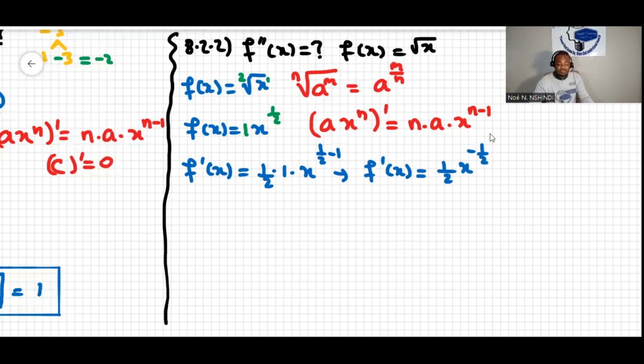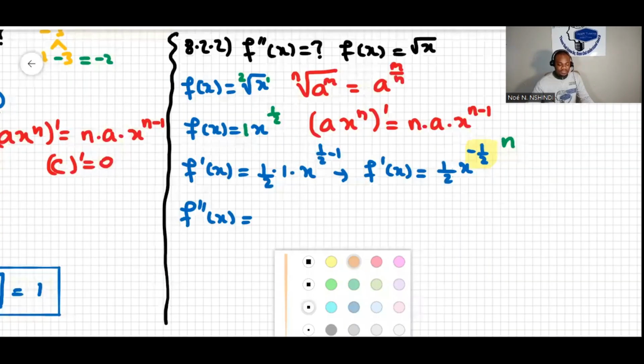We're going to apply the same rule on this again. The second derivative will then be n, which is the exponent. Over here, n is negative a half, and a is a half.